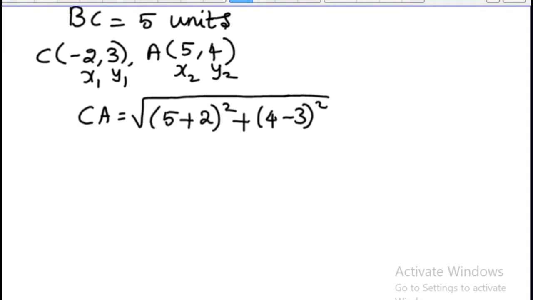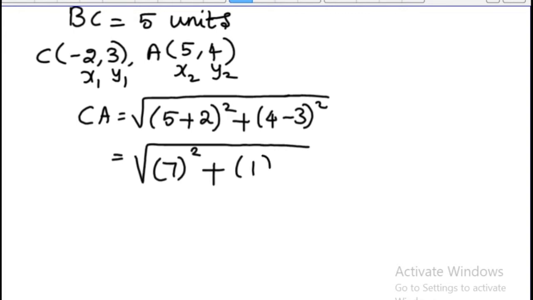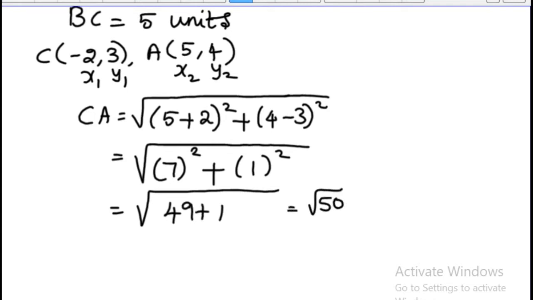Therefore 5 plus 2 is 7, so 7 square, 4 minus 3 you will get 1, so 1 square. Therefore it is root of 7 square plus 1 square, that is 49 plus 1, that is equal to root 50.